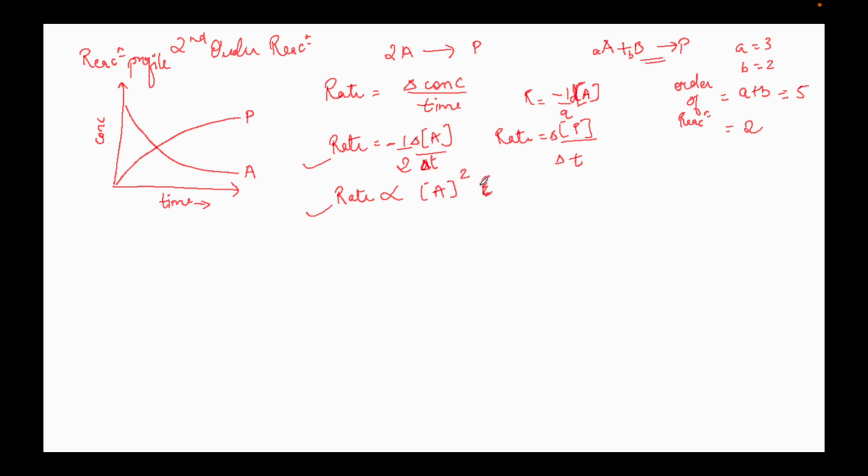Okay, so it is pretty clear that the rate of reaction will depend upon the concentration of reactants. So the reactant which is present in the initial reaction will determine the rate of a reaction, right? It is pretty straightforward.